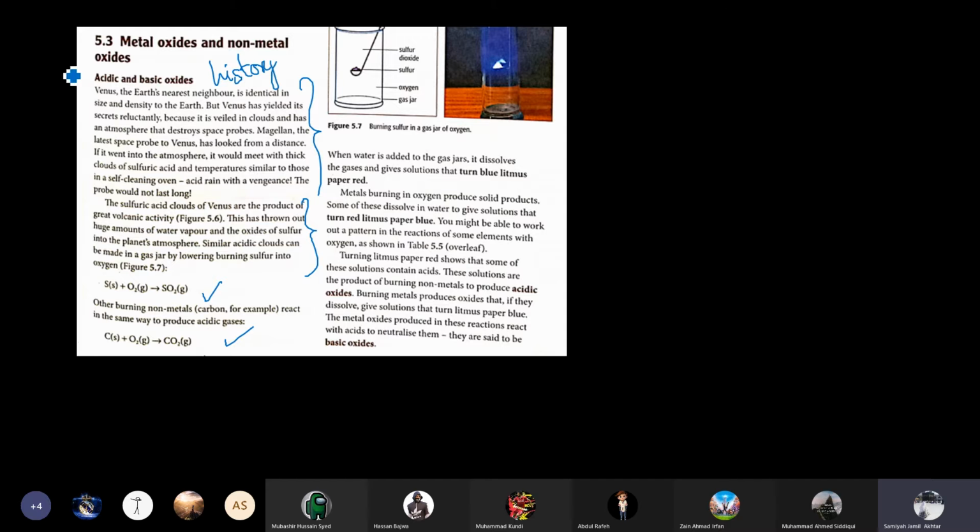So first we are studying acidic oxides, the non-metal oxides. In the starting, some non-metals were present in the universe, like sulfur, for example. Sulfur is a solid. Can you see this blue color on black? Yes, we can see. It's written non-metal and sulfur.